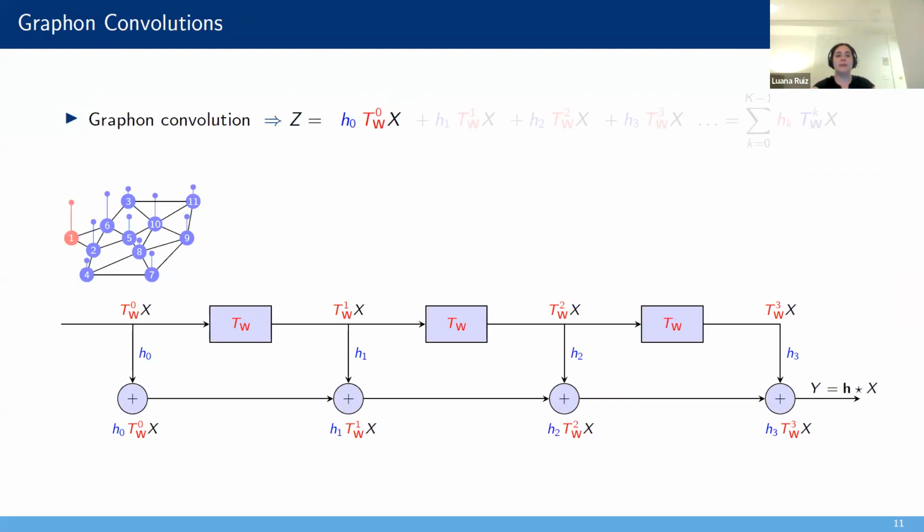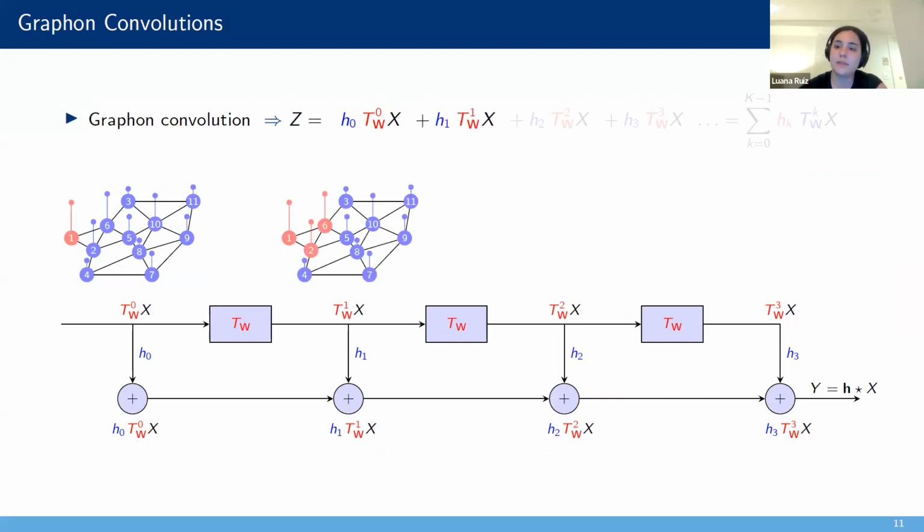Now, in the same way that we defined graph convolutions, we need to define graphon convolutions, right? Because what we want to do is to characterize the convergence of graph convolutions to graphon convolutions to be able to establish the convergence of graph neural networks to graphon neural networks. So how do we define a graphon convolution? Also, the first thing that we have to do is define the analog of the adjacency matrix, right? So in the case of the graphon, the analog of the adjacency matrix is this operator T_W, which is essentially just the integral linear operator with kernel given by the graphon W itself.